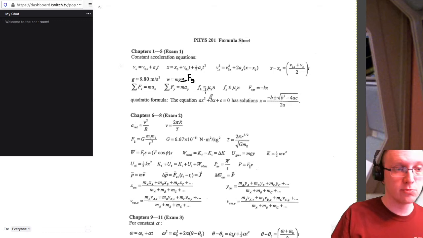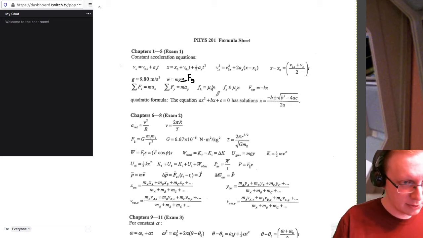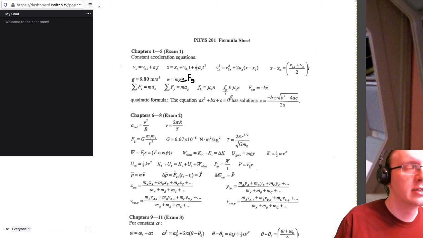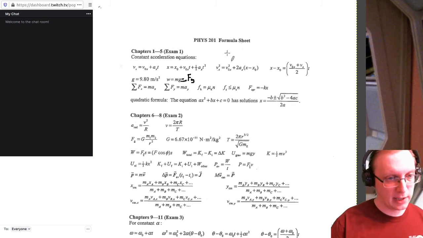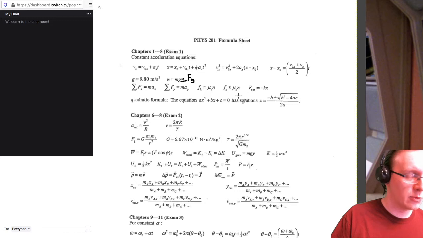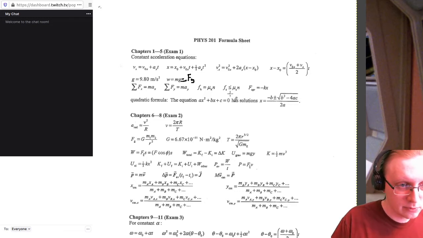So if you have a thing that is moving and mu is non-zero, then your force of friction is equal to the coefficient of friction times the normal force.